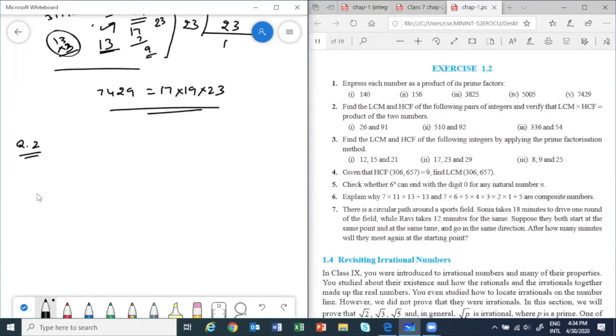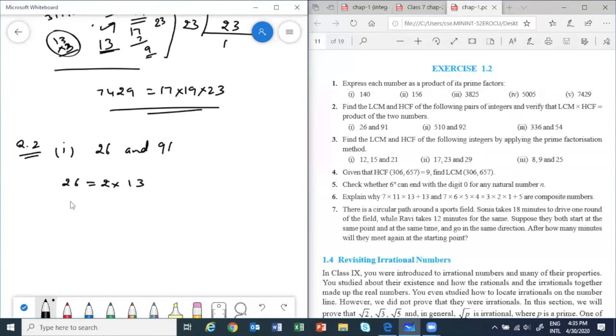Find HCF and LCM of the following pair, and then you have to verify also. So we will use prime factorization method only, fundamental theorem. Use first one, 26 and 91, do. So 26 I can write as 2 into 13, right?